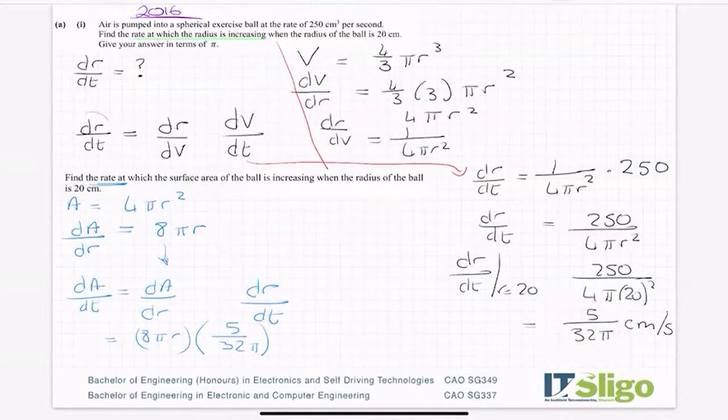Okay, let's put it into the calculator. Our pi's are going to cancel. Oh, I have to sub in the 20 for the r as well. Let me do that. 8 times 20 by 5 over 32. Let me put that into a calculator. 8 by 20 by 5 on the top over 32.